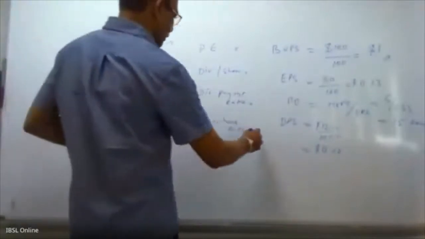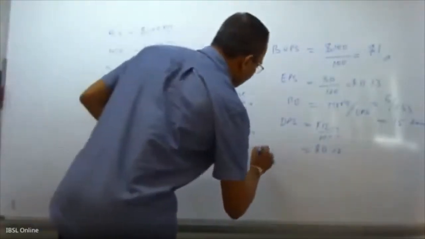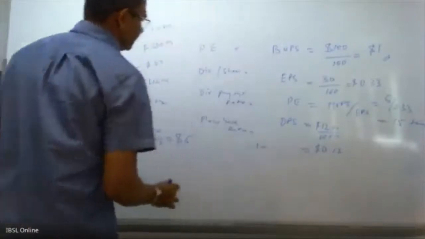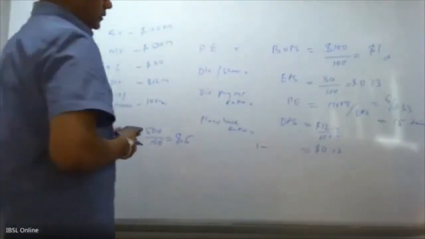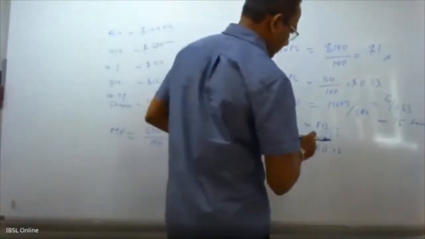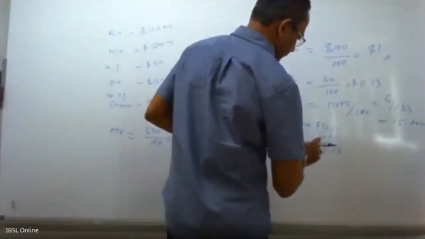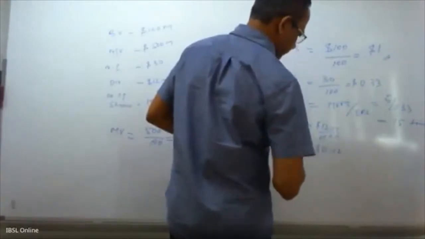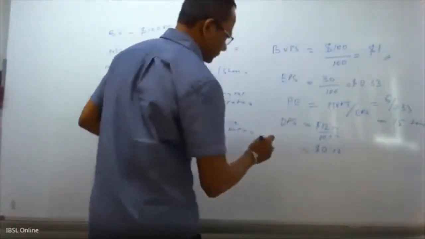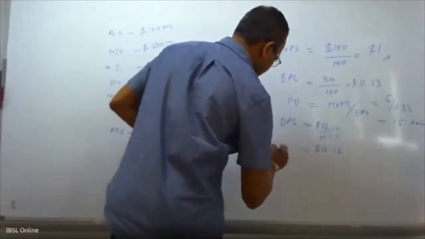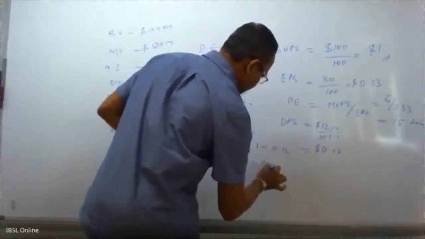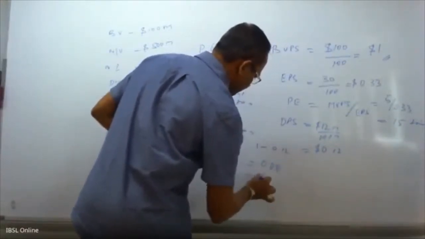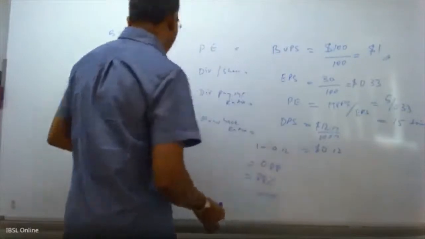And then the plowback ratio is equal to how much? 1 minus 0.12 is equal to 0.88. That means 88% is put back into the business.